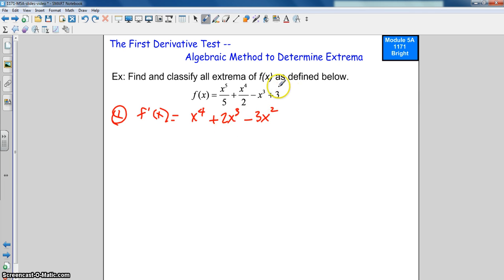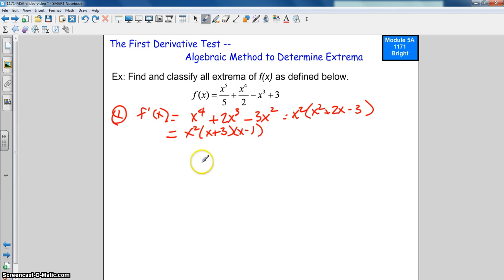And the 3 goes away under differentiation. Now I can factor this, and typically you will have to factor this. I'm going to pull an x squared out, and I'm left with x squared plus 2x minus 3.